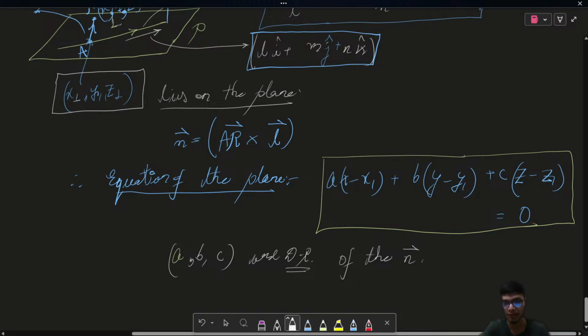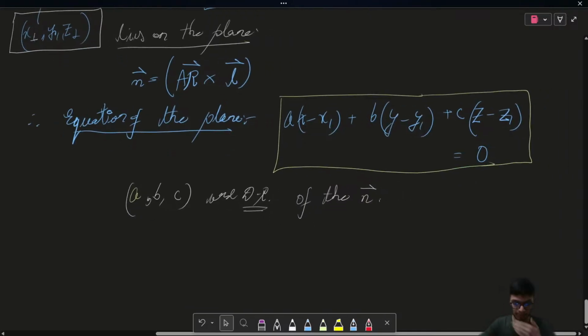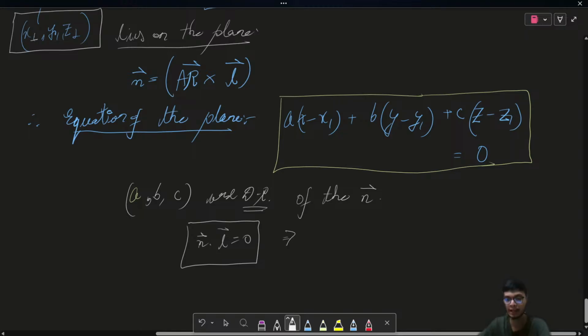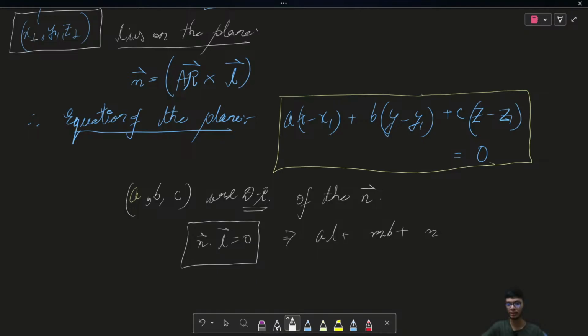This can also be given by the dot product, n vector dot l vector, which should be equal to 0 because they are perpendicular to each other, right? So with this you will obtain another relation, that is al plus m times b plus n times c should be equal to 0. So this will be the equation combining a, b and c.